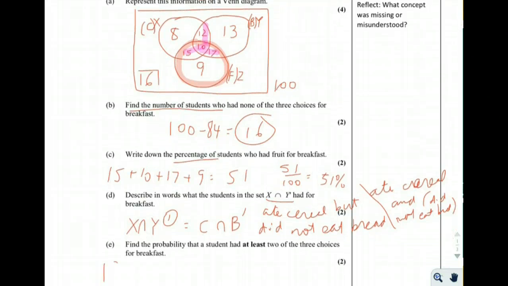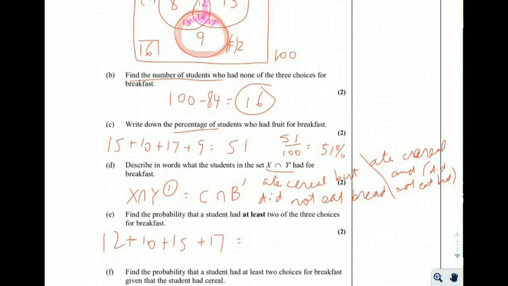So that would be 12 plus 10 plus 15 plus 17. Let's add that up. That's 54. Okay, and they asked for the probability, so we need to put 54 over 100 because it's 100 total kids.